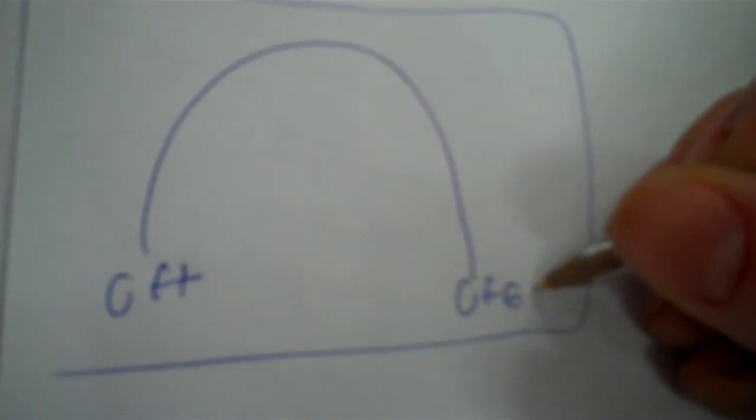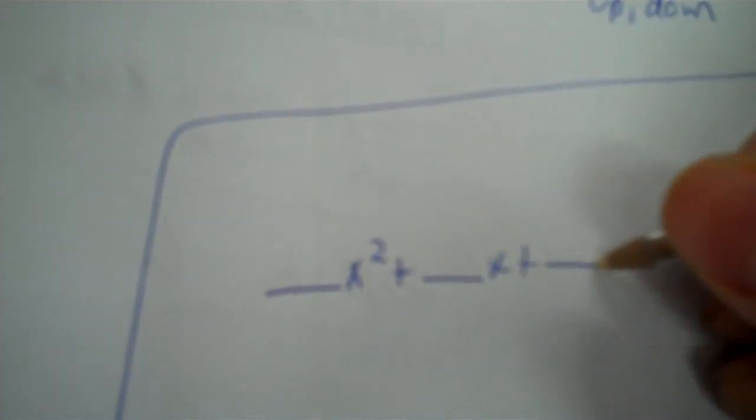So we don't make a table, we just draw a path up and down. Nothing before, 0 feet. Nothing after it, 0 feet. Those are FTs, what that says. Now, anytime we have to write an equation from a parabola, we're going to need an x second, an x, a constant, equals y.